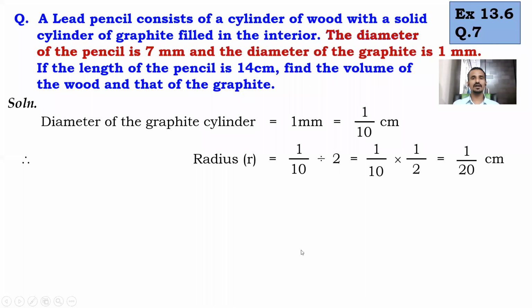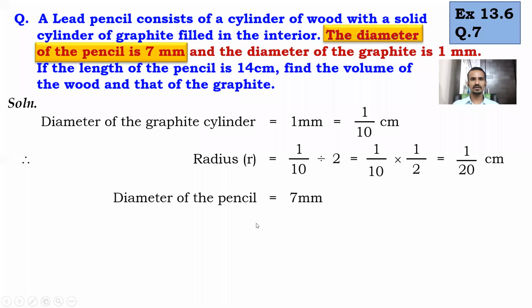Now we can also find out the radius of the wooden part. This was the radius of the graphite part, and now we'll find the radius of the wooden part. The diameter of the wood is 7, or we can say the diameter of the pencil is 7 millimeter. This will also be converted into centimeter, so it is 7 upon 10 centimeter.